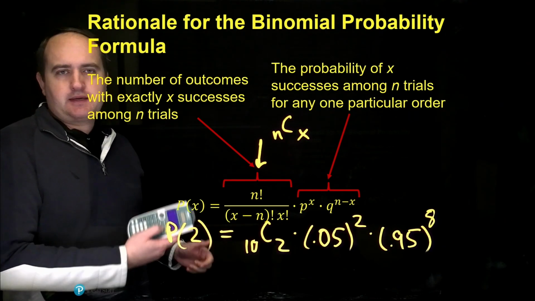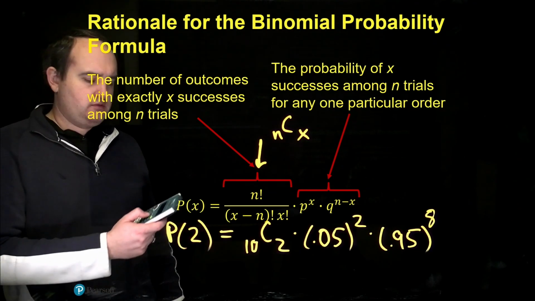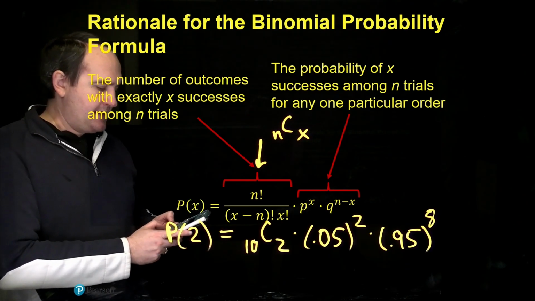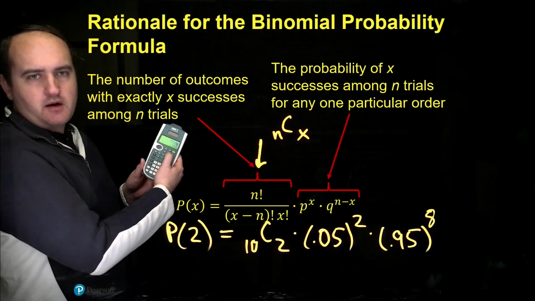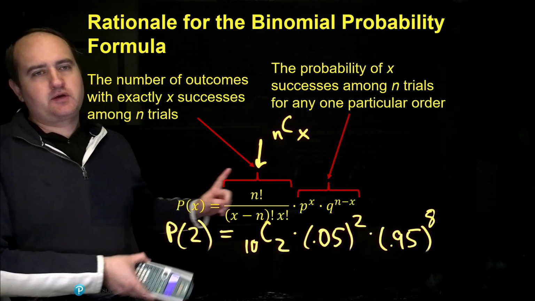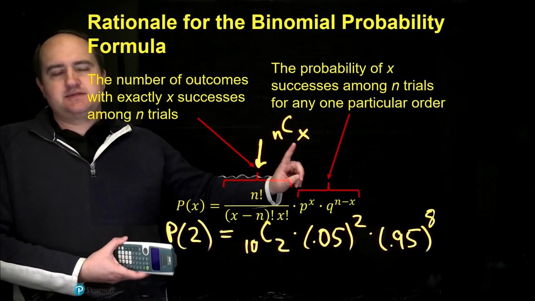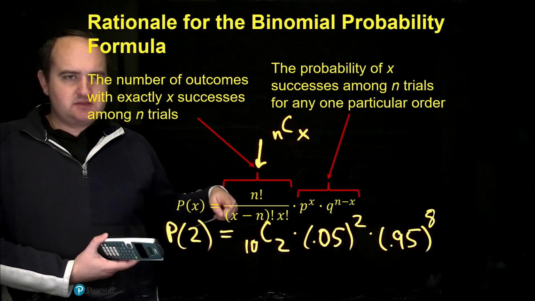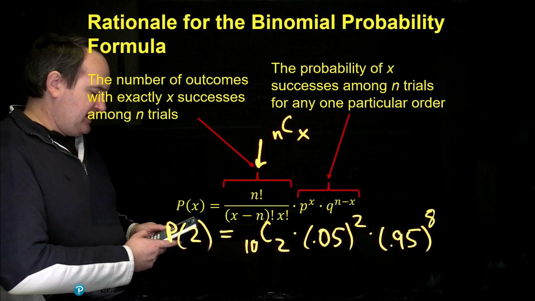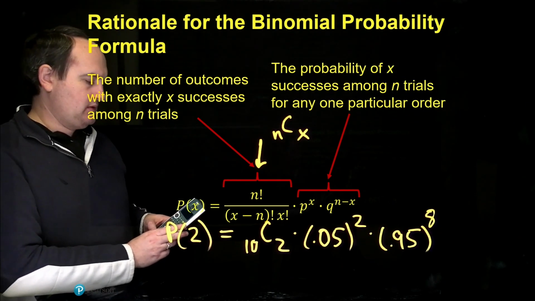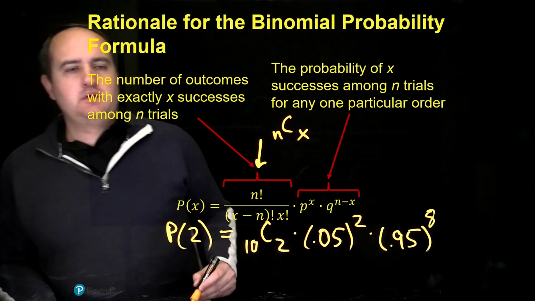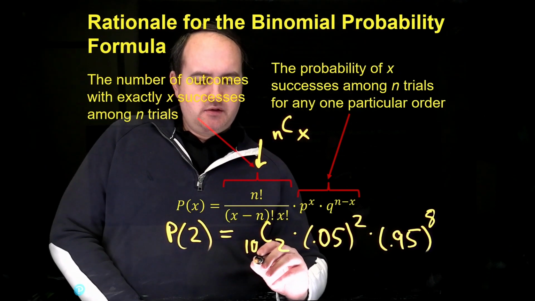But for example, on my calculator, I can do 10C2 by just typing 10, which is n, and then I press PRB, and then I go to nCr. Well, on my calculator, they call it nCr instead of nCx, but it's still combinations. It's still this formula. So it's 10 nCr 2, and then I press enter, and that gives me 45. Okay, so 10C2 is 45.